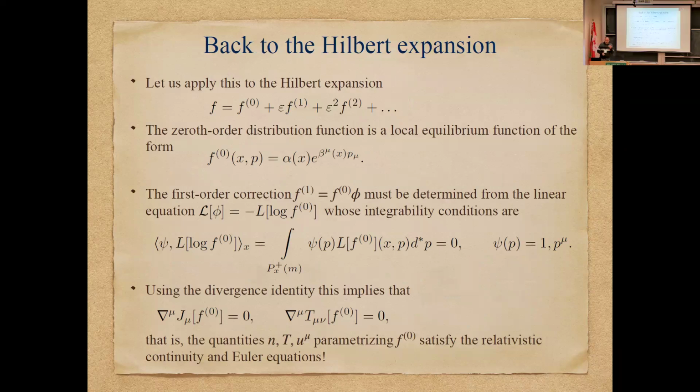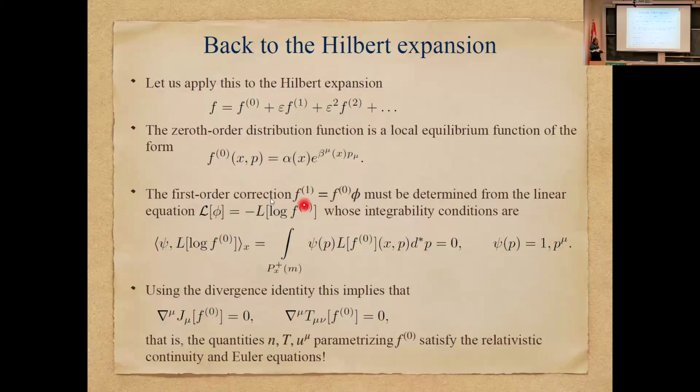Now let us go back to the Hilbert expansion and see if we can solve the first order equation and maybe the next order equation. The zeroth order is fixed; we know this is a local Maxwell-Boltzmann distribution function, so it has this form. The first order correction has to satisfy this equation here.